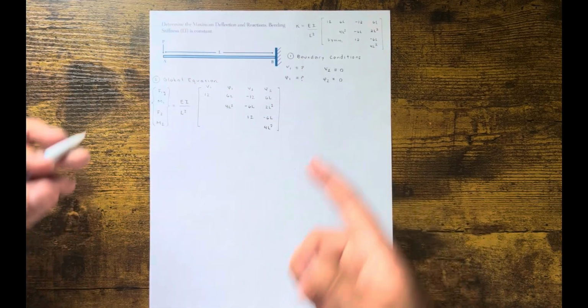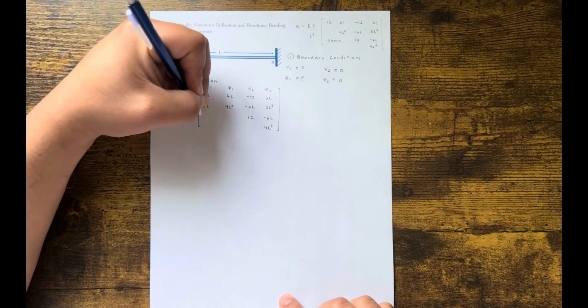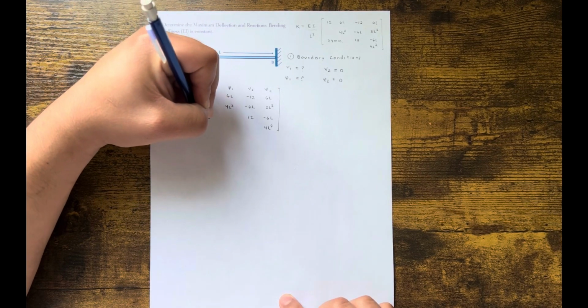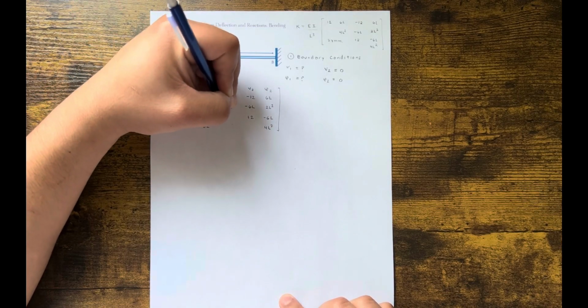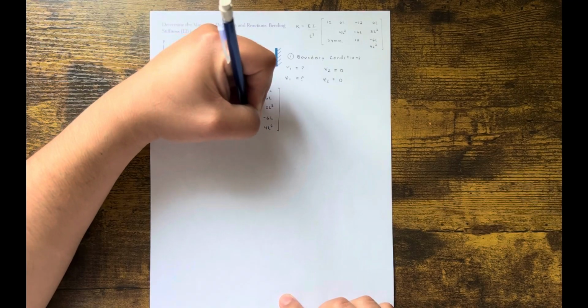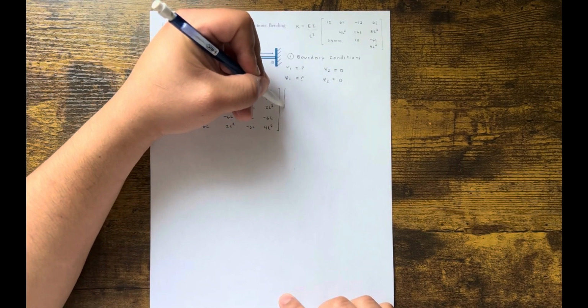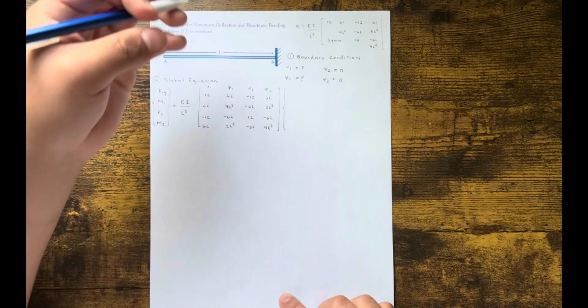I just copied it. And it's symmetrical, right? So the rows become columns. So 12, 6L, minus 12, 6L, minus 6L, 2L squared, and then minus 6L. Okay, and then you just multiply by your displacements, right?